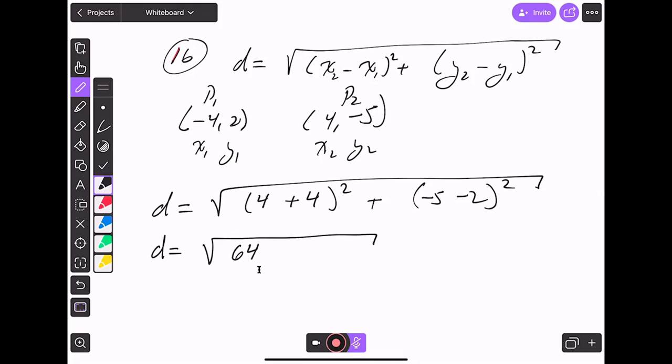And -7 squared is 49. So this is going to be the square root of 113. That's the distance. However, they did say round your answer to 2 decimal places. So you're going to have to take the square root of 113 and you have to use a calculator. It's going to be somewhere between 10 and 11. But a calculator is pretty simple to do, 10.63.